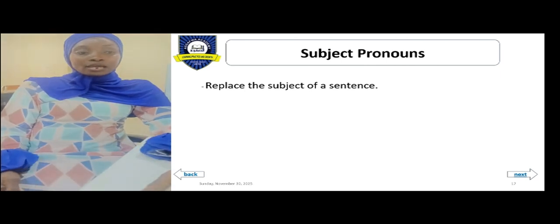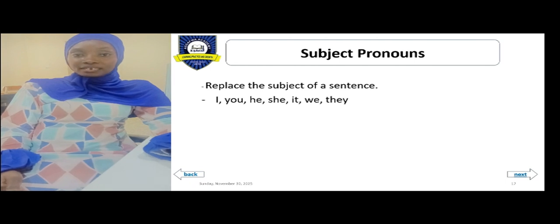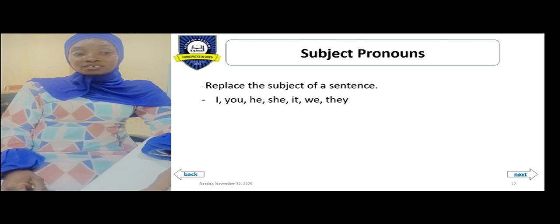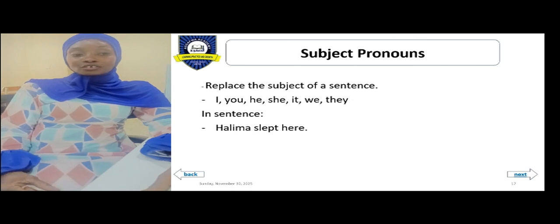Examples of subject pronouns are I, you, he, she, it, we, they. Usage in a sentence: Halima slept here. Halima is the subject because she's the one performing the action. If we want to replace Halima with a subject pronoun, we use she.